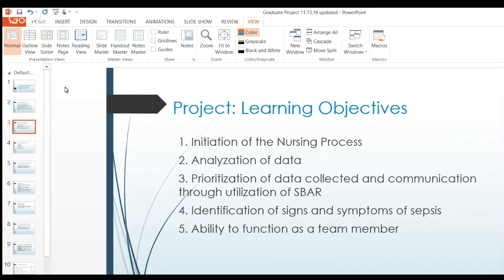Prioritize and organize data to effectively communicate to members of the healthcare team through utilization of SBAR, which is the use of situation, background, assessment, and recommendations when speaking to not only each other but also the provider or doctor. Identify signs and symptoms of sepsis and illustrate knowledge of appropriate action through nursing interventions implemented. And then finally, we wanted the learners to function as a team and be a good team member to collaborate, care, and advocate to meet the needs of the patient.